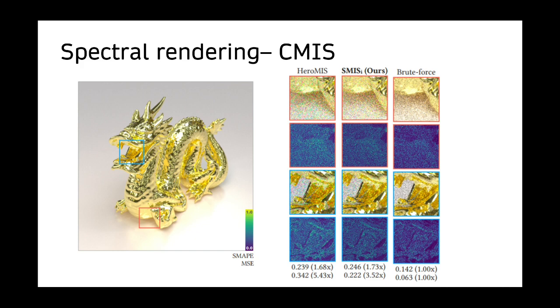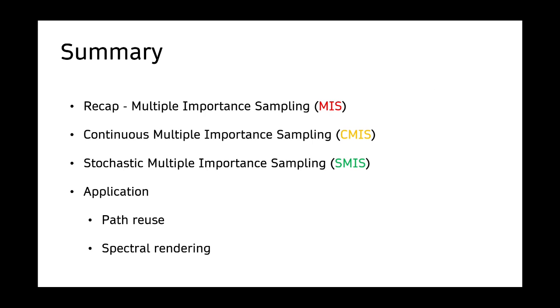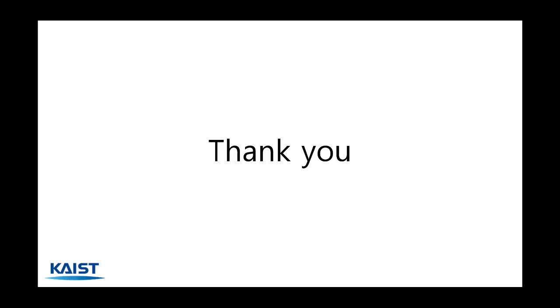So far, we have looked at the CMIS and SMIS introduced in the paper, starting with the concept of MIS, and have looked at the two applications. Thank you for listening to my presentation.